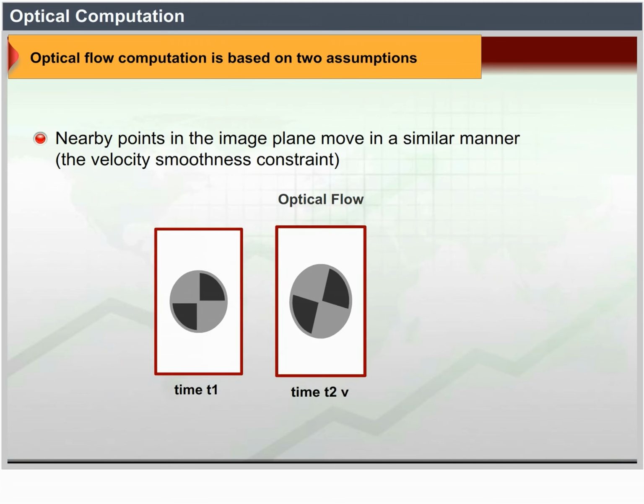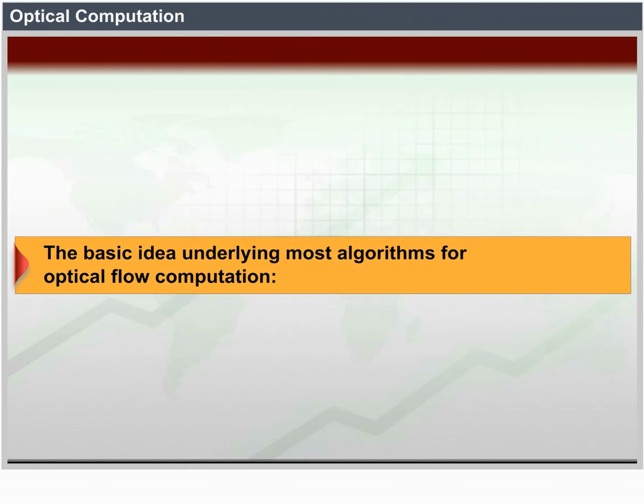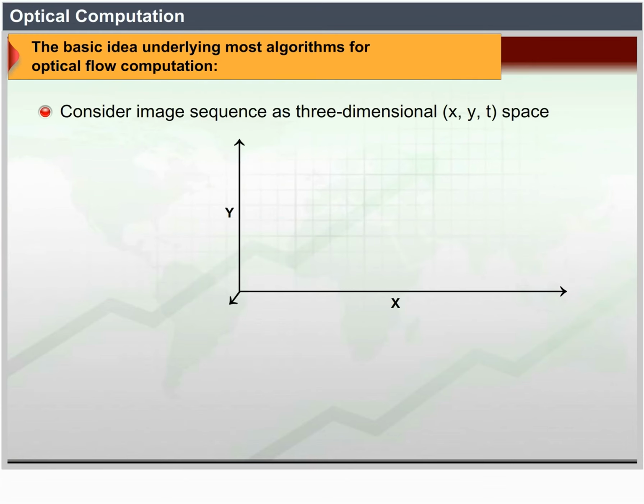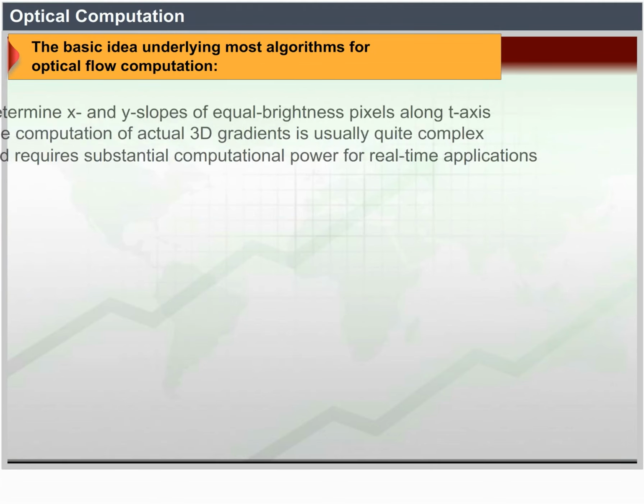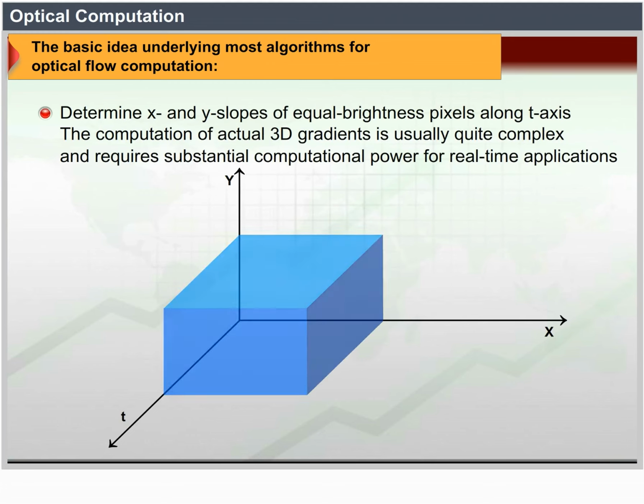The basic idea underlying most algorithms for optical flow computation: regard the image sequence as a 3-dimensional (x, y, t) space. Determine x and y slopes of equal brightness pixels along the t-axis. The computation of actual 3D gradients is usually quite complex and requires substantial computational power for real-time applications.